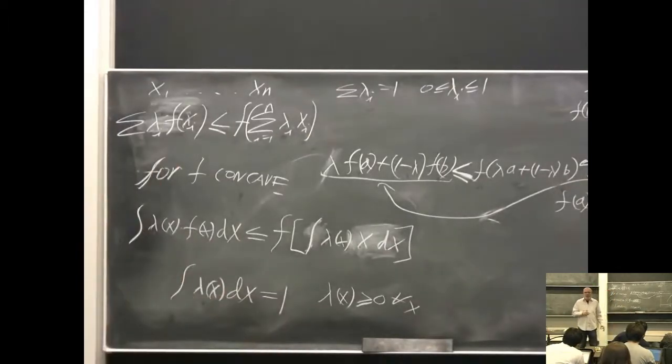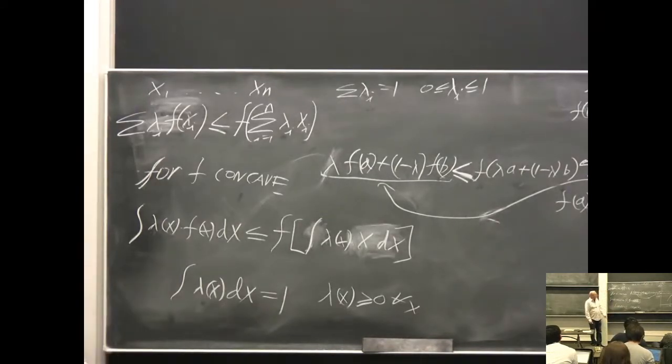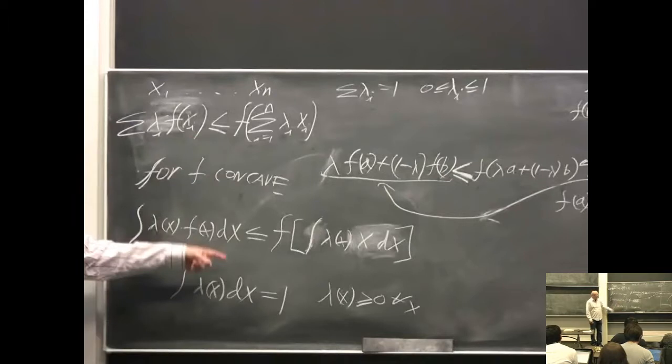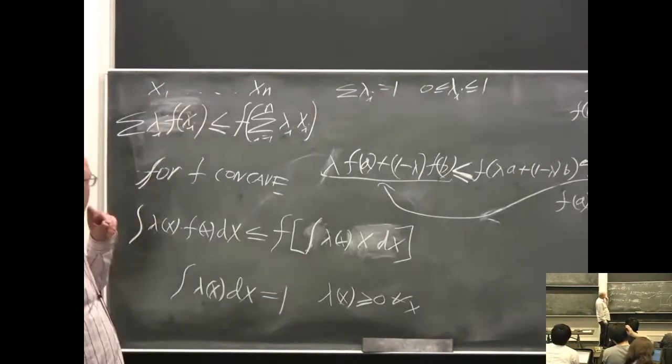So you can think of the lambda as a probability distribution. Right? Whether the discrete case or the continuous case, the lambda can be thought of as a probability distribution, where lambda i are probabilities of event i and they sum to 1, or lambda here is a PDF as a function. So if you think about it as a probability distribution, either in this context or in this context, this integration, which integration should I start with?